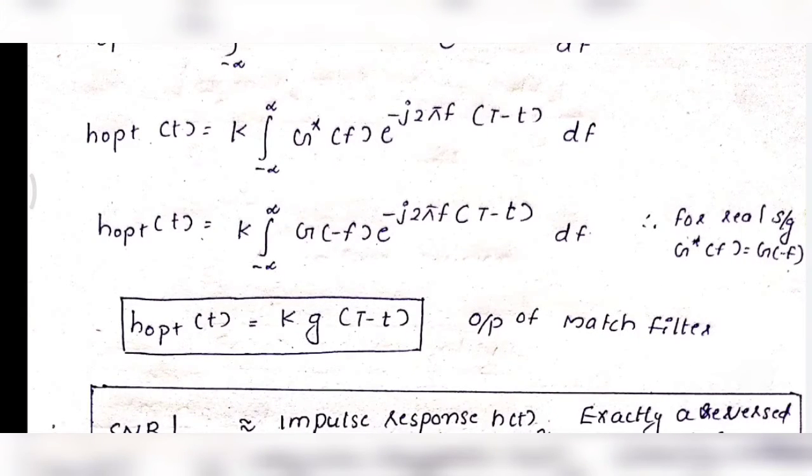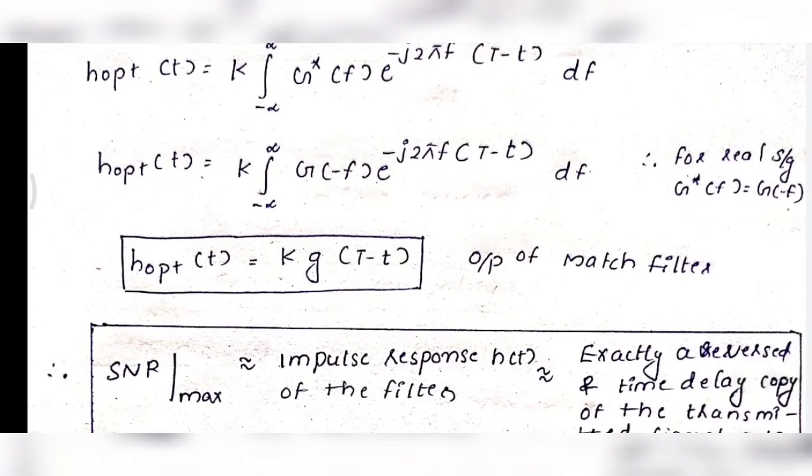For a real signal, G star of f is equal to G of minus f. So we can write h of t is equal to k into integral minus infinity to infinity G of minus f e raised to minus j 2 pi f into T minus t df. And the inverse Fourier transform of right hand side is k into g function of T minus t, that is called the optimum impulse response of matched filter in the time domain.